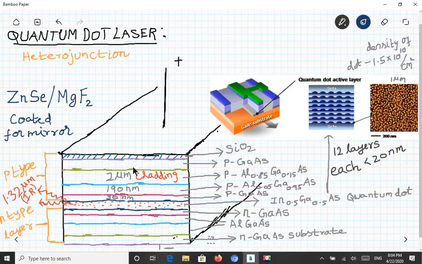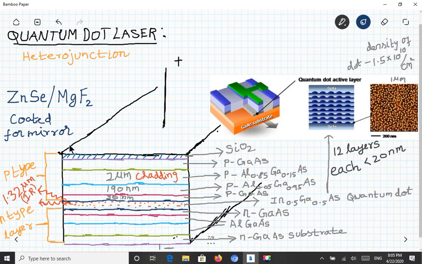construction of this quantum dot laser, you will be having a P type layer and N type layer. Then in the middle you will be having a quantum dot layer, which is the active medium. When you are coming to the laser, you will need a P type, N type area, then an active medium where the laser will come out, and finally the important thing is the optical resonator, which we call a mirror.